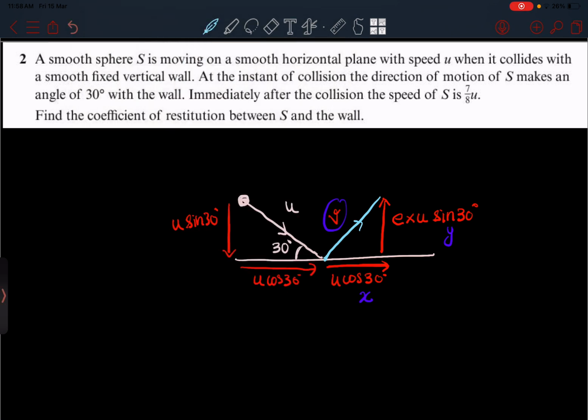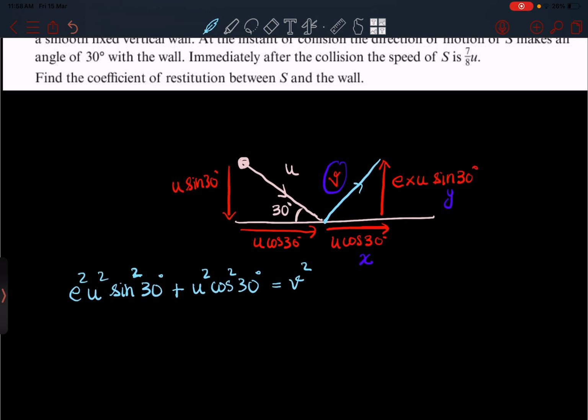So squaring and adding, I can say e squared u squared sine squared 30 plus u squared cosine squared 30 should be equal to v squared.